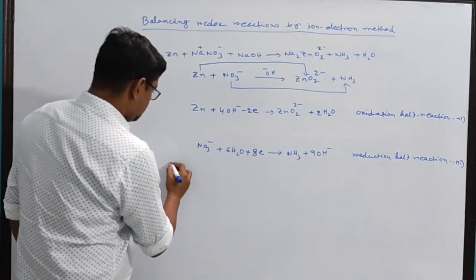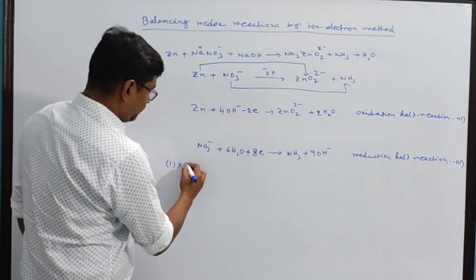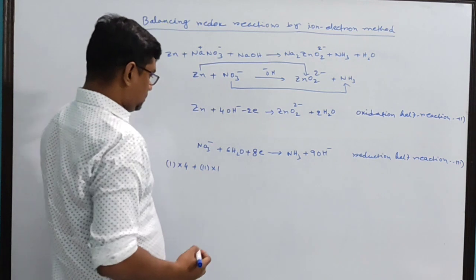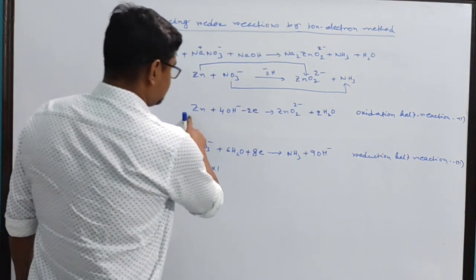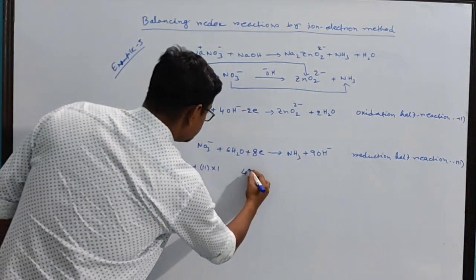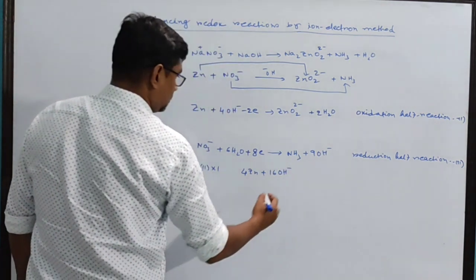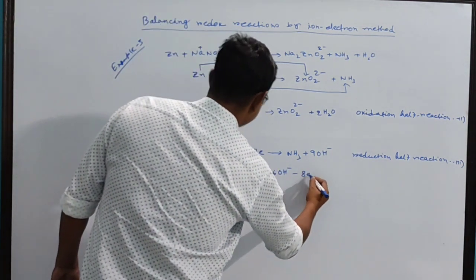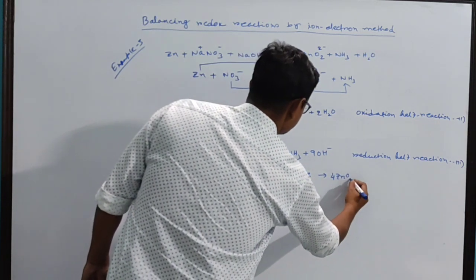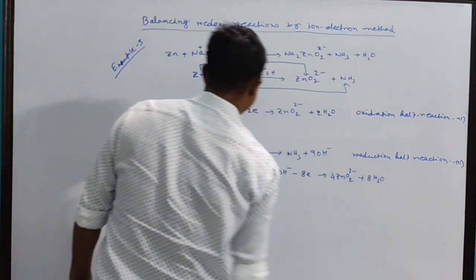So if we multiply the number 1 equation by 4 plus the number 2 equation by 1, what will we get? Here you see we are multiplying by 4, so it will give 4Zn plus 16 OH minus minus 8 electrons giving 4ZnO2 2 minus plus 8 H2O.